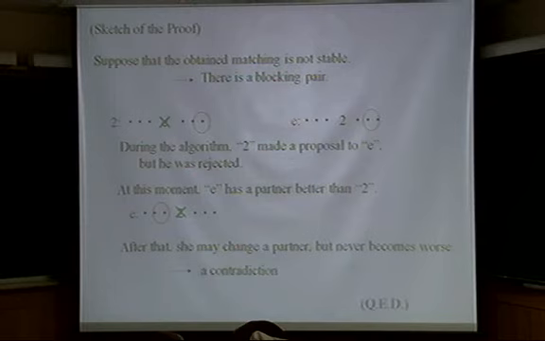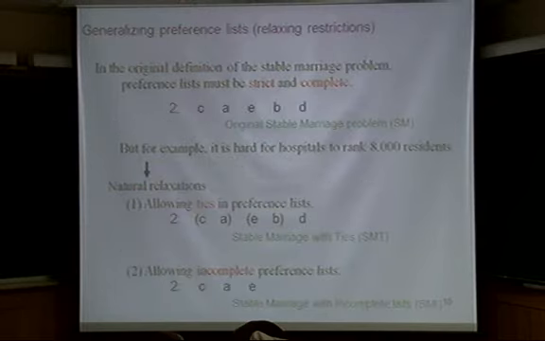And in the original definition of the stable marriage problem, preference list must be strict and complete. This means that, for example, if there are 5 women, each man has to include all 5 women in the preference list in a strict order.